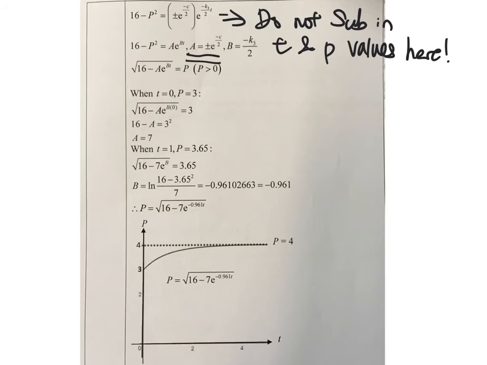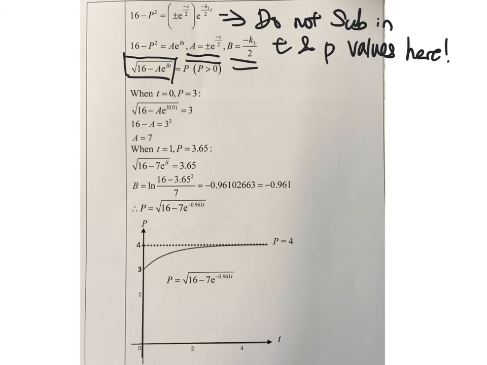So you need to see that to make your life easier, all you have to do is re-express all the terms involving the unknowns, which I could lump here. Let a be equals to plus minus e to the power negative c over 2, and let b be negative k3 over 2. I re-express them as a and b, which are unknowns, and only when you have such a simplified expression, you solve.